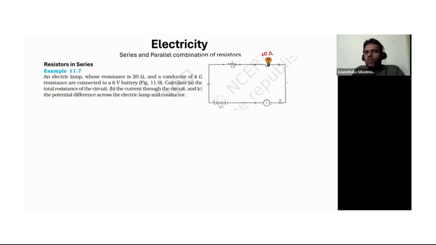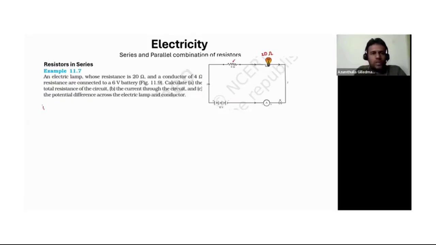So, a 4 ohm resistance is connected in series to a bulb. The bulb has a resistance of 20 ohms. That means these two are connected in series. Okay. Now connected to a 6-volt battery as per the figure here. Calculate the total resistance in the circuit.